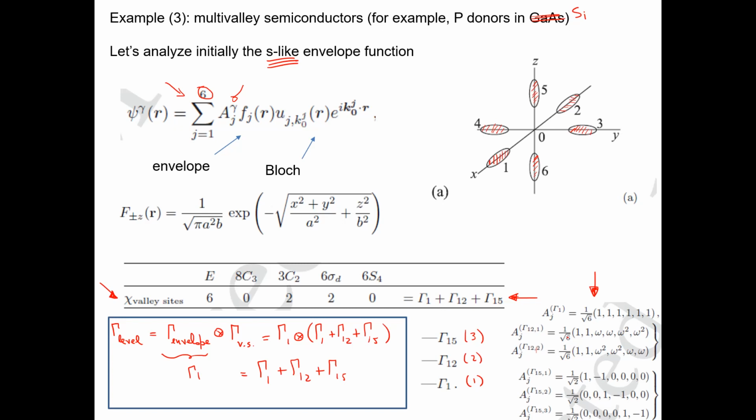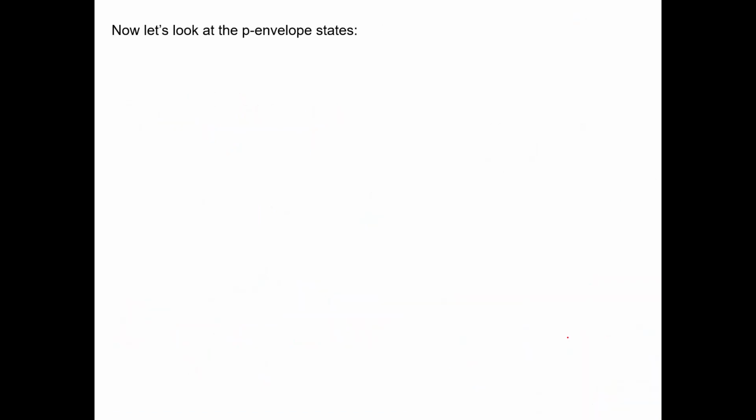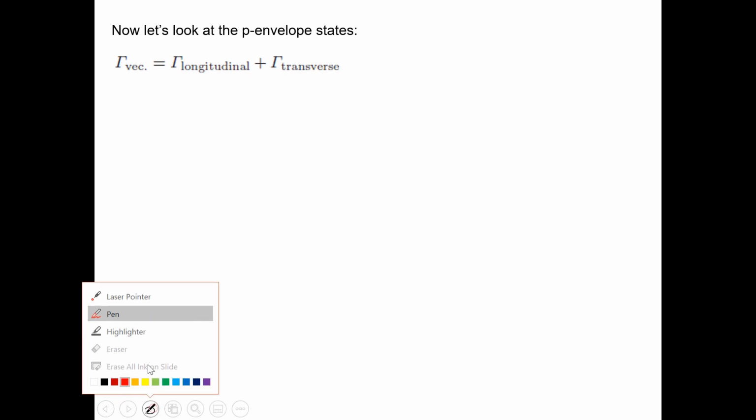Let's move on and look at the slightly more complicated case of p envelope states. Okay, so this is a little bit more complicated, because now we have to consider that the vector representation is going to be the sum of a longitudinal part and a transverse part.